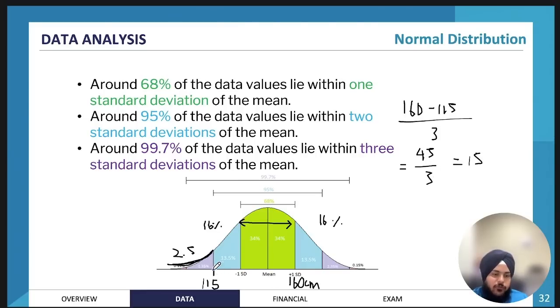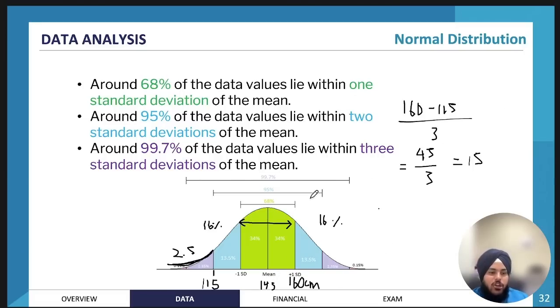So this distance from one interval to the next represents 15. So 115 plus 15 is 130, 130 plus 15 is 145, 145 plus 15 is 160. Therefore, the mean is 145 and the standard deviation is 15 centimeters.